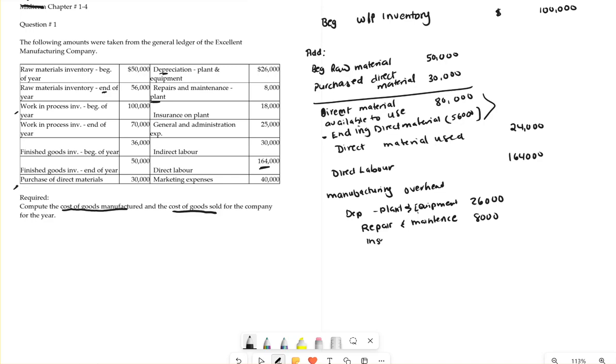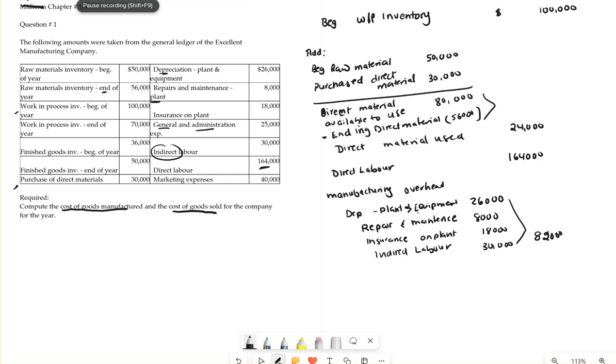Insurance on the plant, 18,000. General admin is a period cost, not a product cost. We have indirect labor, which is 30,000. These are my manufacturing overhead costs, which work out to be 82,000.